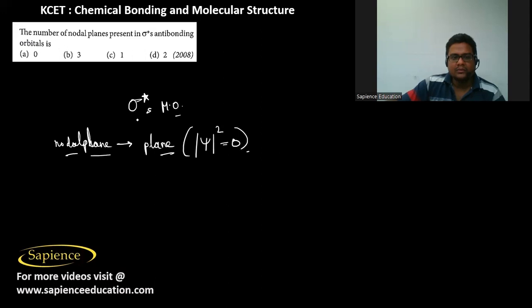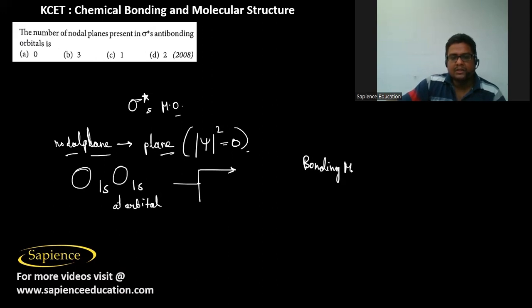And how is the antibonding molecular orbital formed? When two 1s pure atomic orbitals overlap, two molecular orbitals will be formed. One is the bonding molecular orbital, which will be called sigma 1s, and one antibonding molecular orbital, which will be called sigma star 1s.